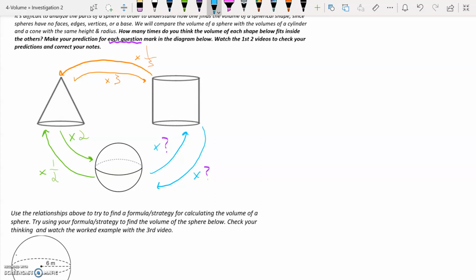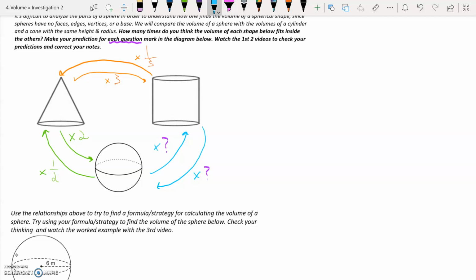The next example was going between a sphere and a cylinder. So this time we were going from a cylinder to a sphere and a cone. On that one, it was just a little side example. If you fill up one cylinder, that cylinder will fill up the volume of 1 cone and 1 sphere. So what that means is the sphere is 2/3 the volume of a cylinder.